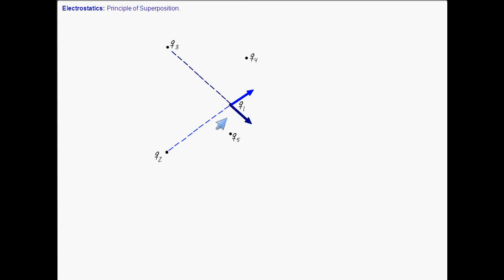Now we will apply this principle of superposition at least 100 times in the near future, so you must understand what the principle of superposition is. Now, a suggestion: this is homework.